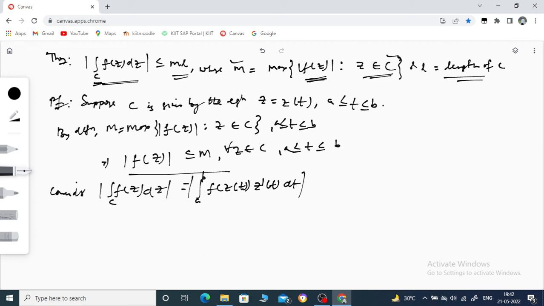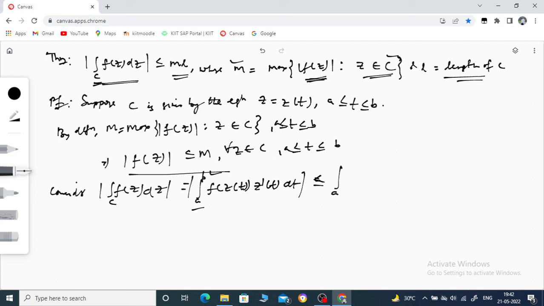Since z is a function of t, you can write this is less than or equal to, if the modulus goes inside the integration, the integration from a to b, since t varies from a to b, that's why I put that limit here.